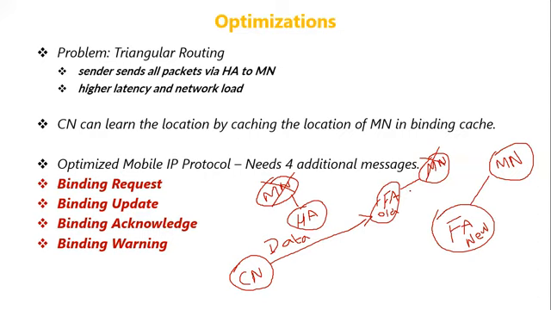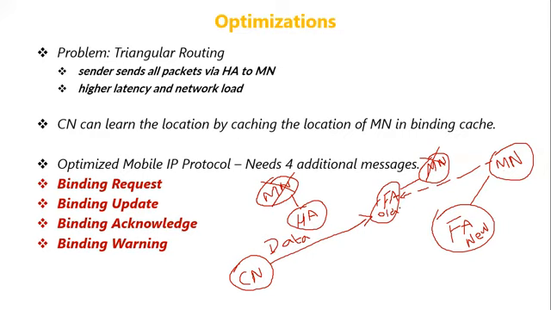It is in some other network. FA old actually knows which network because that information will be given by the MN. When the mobile node moves from one foreign agent to another foreign agent, it will update the previous foreign agent about which foreign agent it is now connected to.